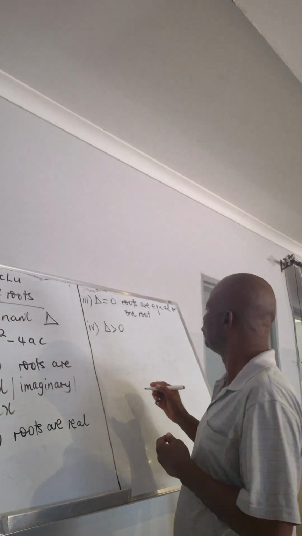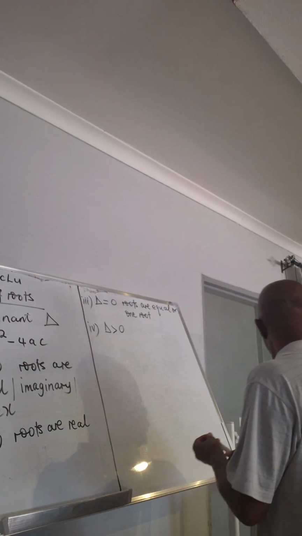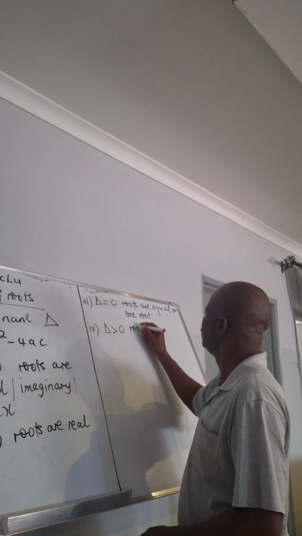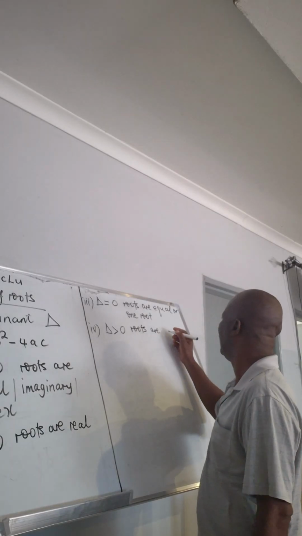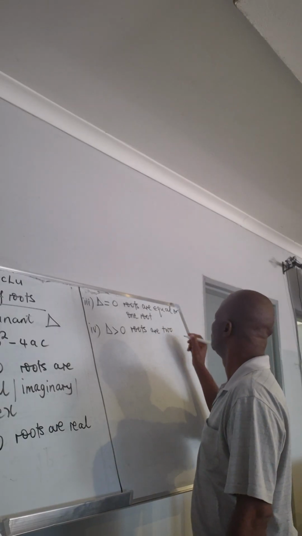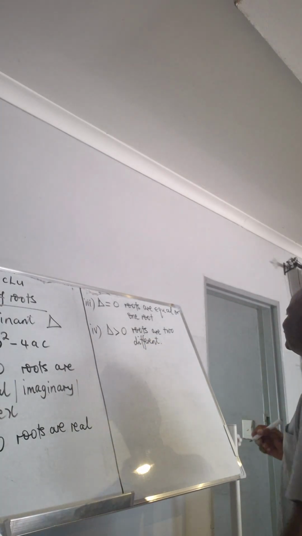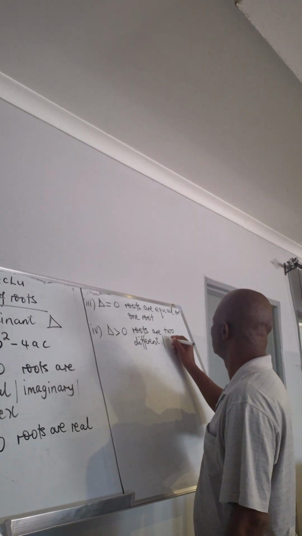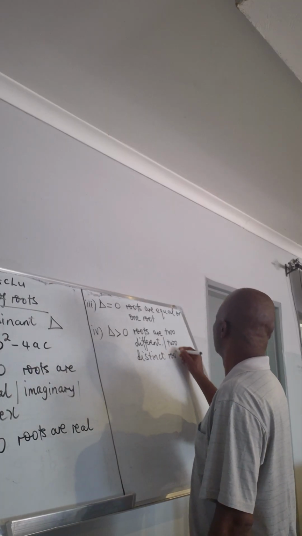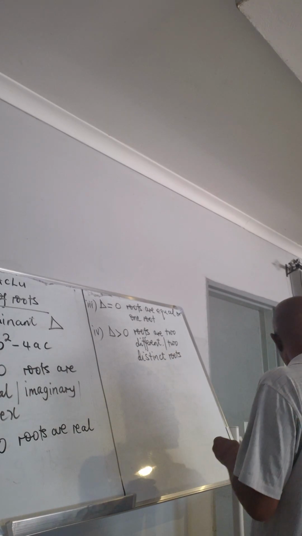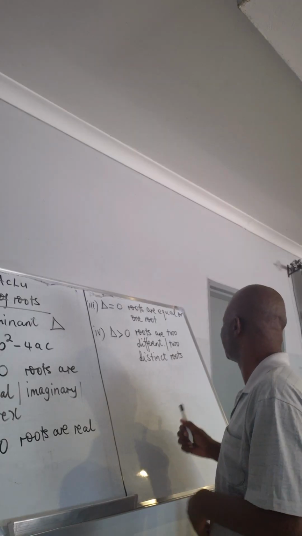When delta is greater than 0, we are now saying our roots, yes, these are real roots from this description, but the roots are different: two different roots, or two distinct roots. Two distinct roots or two unequal roots, whatever.